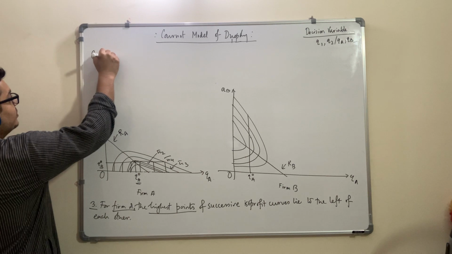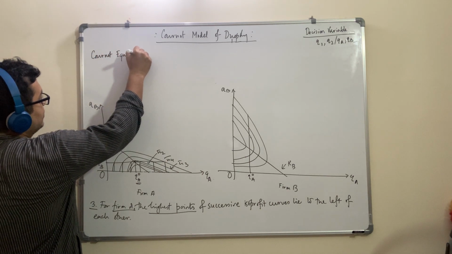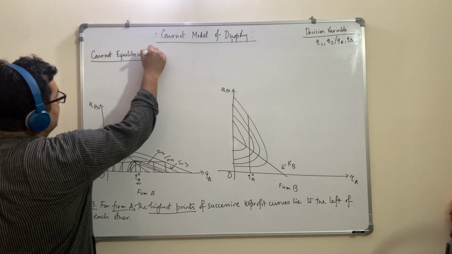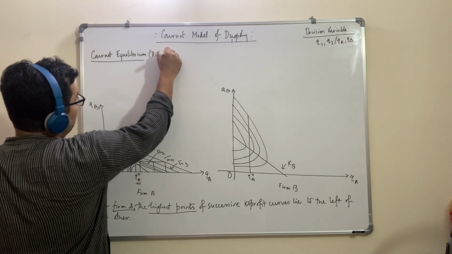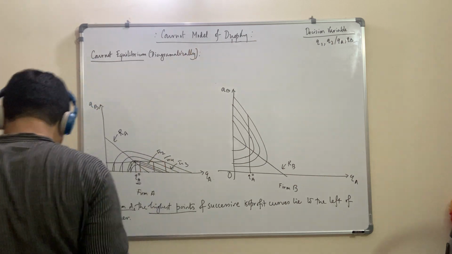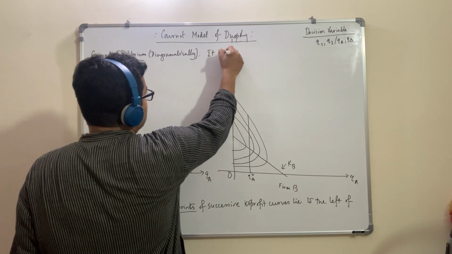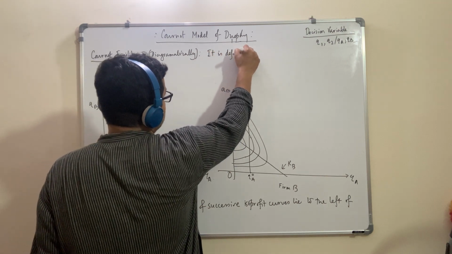So, Cournot equilibrium. But we'll write diagrammatically, we have derived it, right? So let's just say diagrammatically. So what is it?